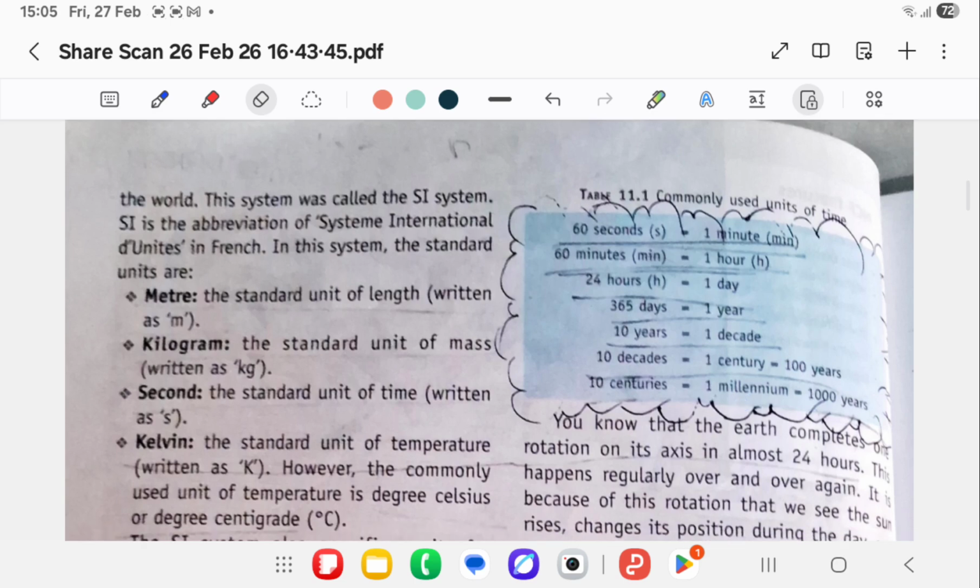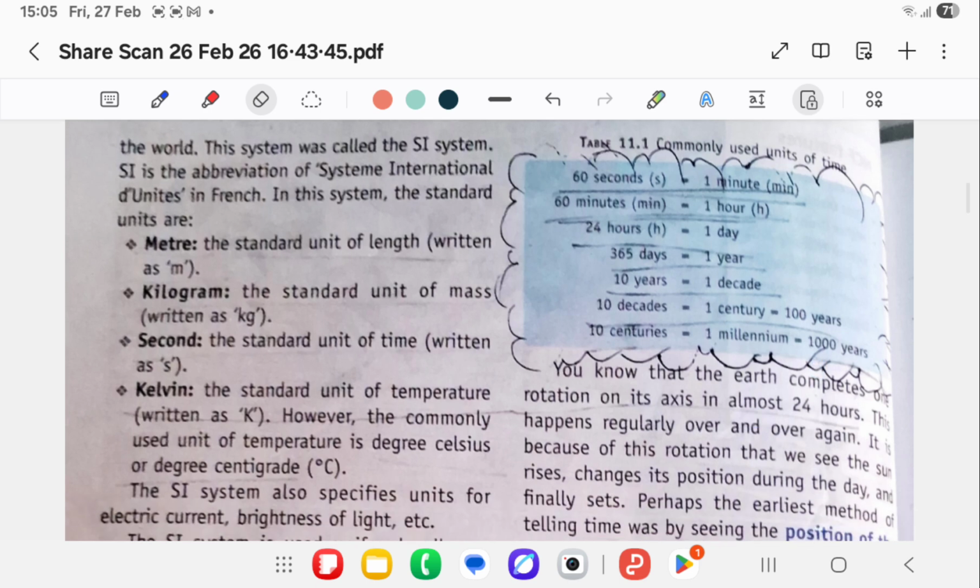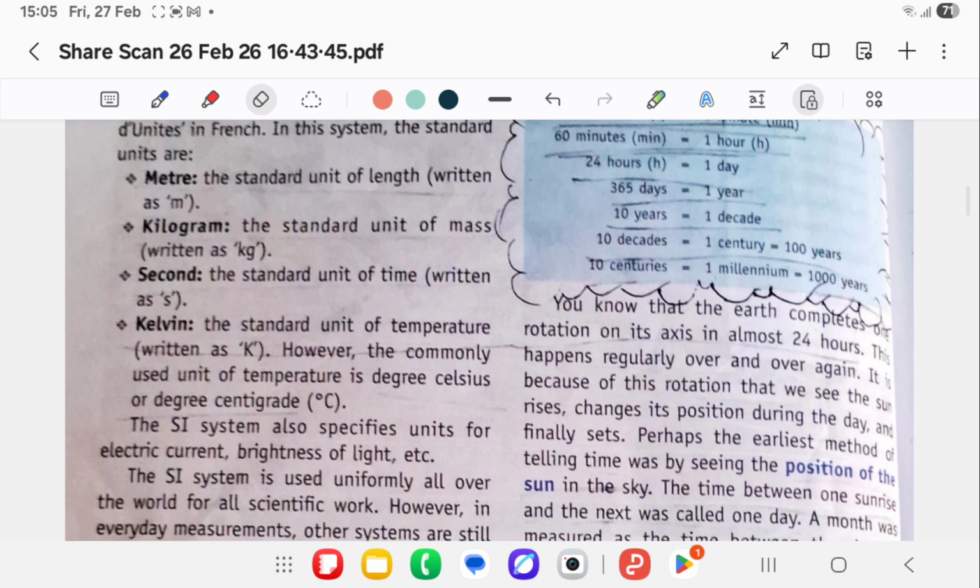Now the standard unit. There are different systems under which we have given the standard units. So the SI system means Système International, the name in French. SI units for various physical quantities are like meter for length, kilogram for mass or weight, seconds for time, Kelvin for temperature.